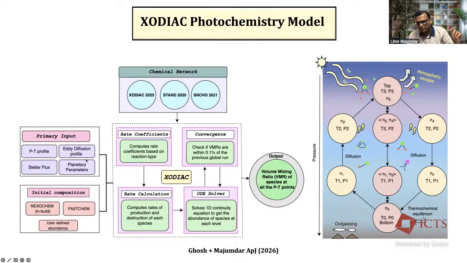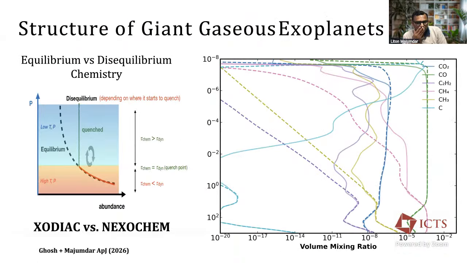The diffusion profile will decide how well your material will be mixed and how that will play a role in terms of compositions. When you have all these processes included, then you get the idea about how the composition is changing with respect to pressure and temperature.